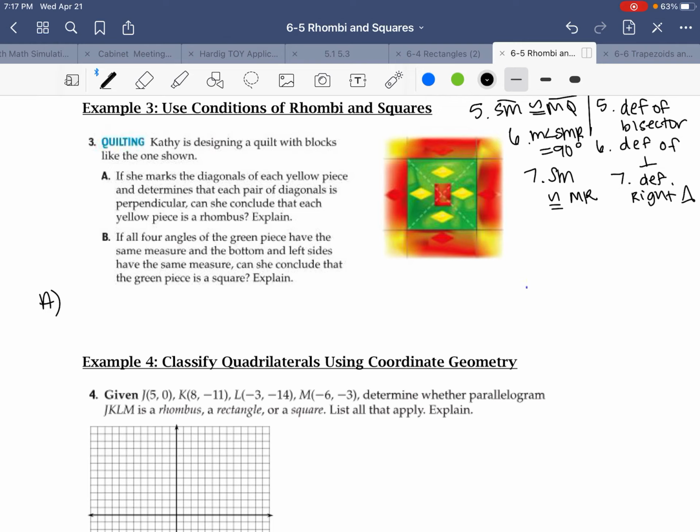No, we cannot conclude that yet, because if we're looking at just the yellow pieces and we find that our diagonals are perpendicular to each other, that is not enough information to tell us that all four sides are congruent. So no, we do not have enough information, because we only know it's a parallelogram.